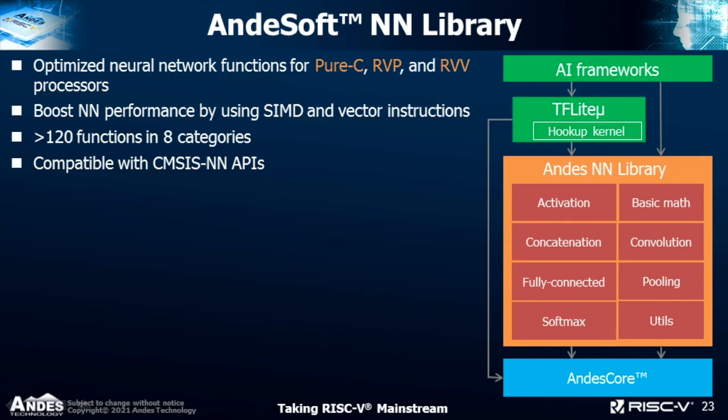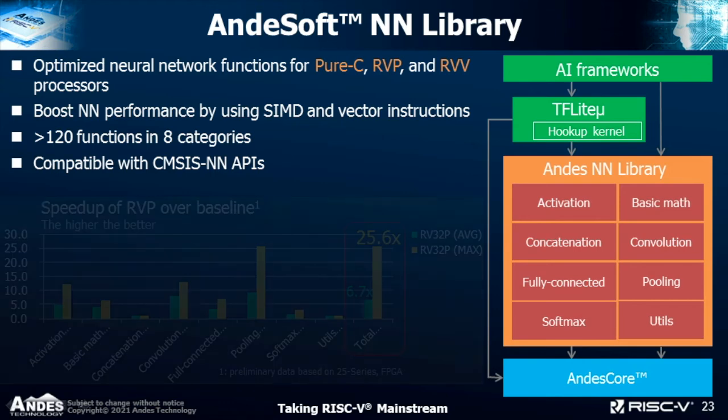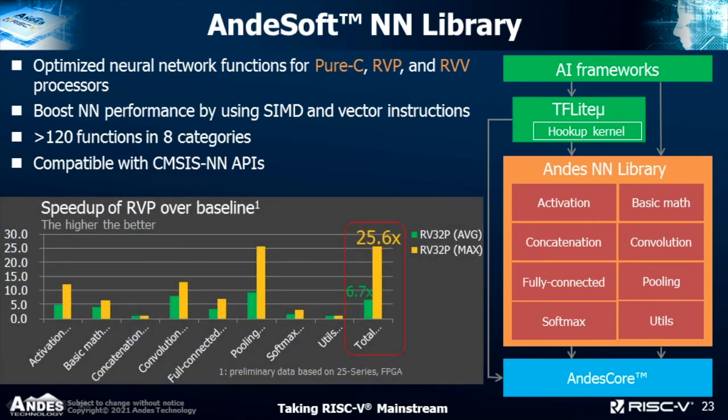And it is compatible with the CMSIS NN API. In general, the performance is about 6 times speedup of RVP over RISC-V baseline instructions on average of all functions, and around 25 times speedup at maximum of all functions.